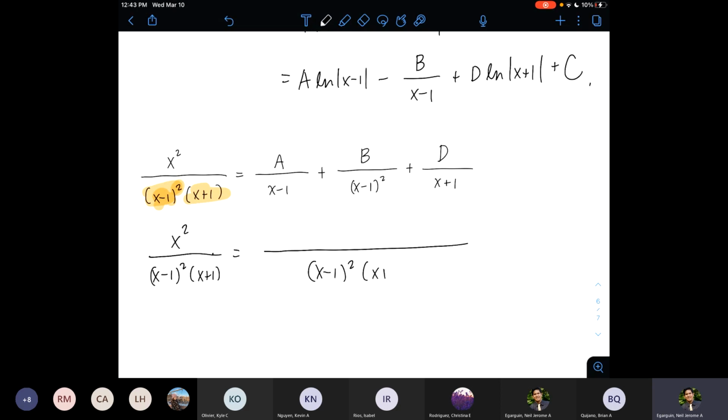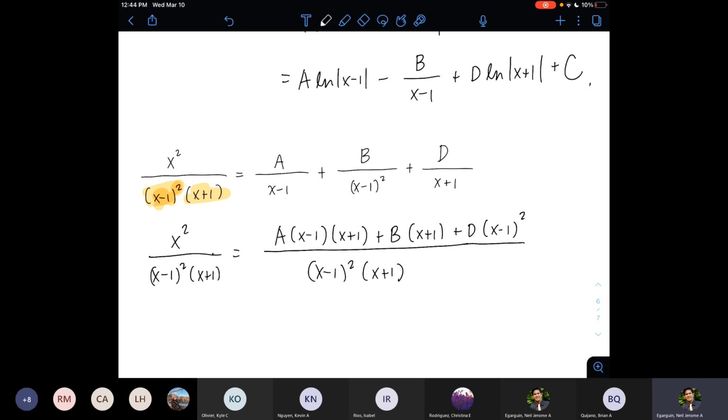So we perform the addition on the right-hand side and get a times x minus 1 times x plus 1, plus b times x plus 1, plus d times x minus 1 squared. I hope you remember how to add algebraic fractions.